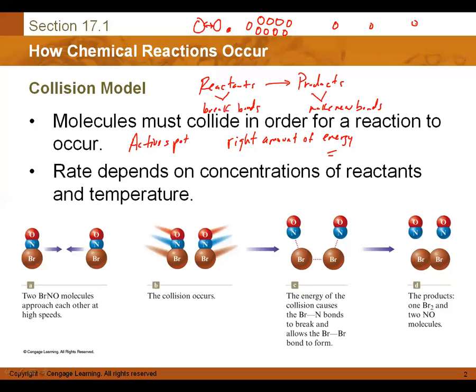It's going to take longer for those molecules to find each other and initiate a reaction. So when we increase the concentration, typically that will increase the rate of the reaction, and vice versa.